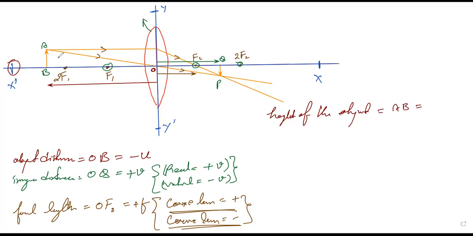So यहाँ पर अगर हम लोग देखते हैं तो ये y axis के तरफ होती है, so thus it will be considered as positive, and over here this is HO, this AB. Whereas to the other side we have to go for the height of the image. So for the image, if we will see, that is PQ.